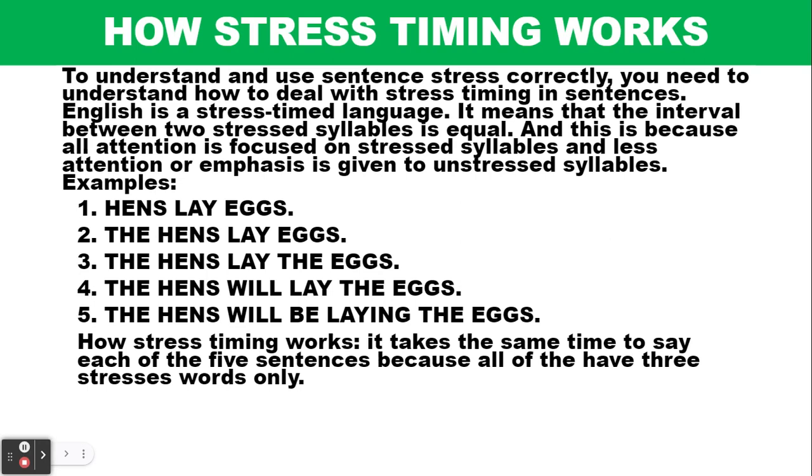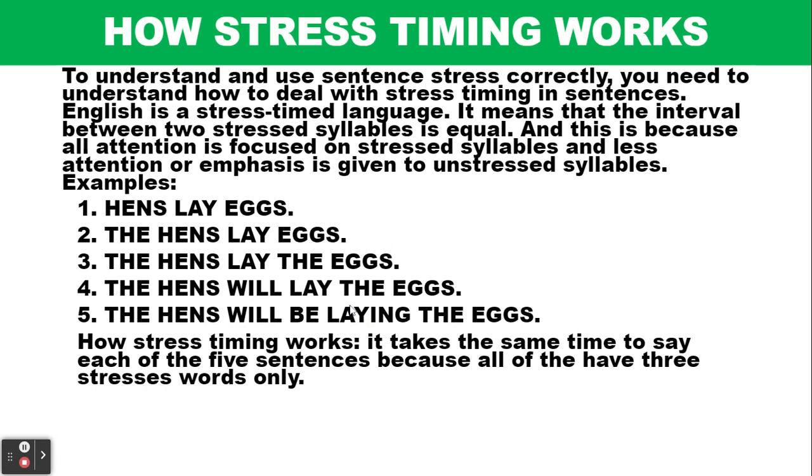So when we look at this, it means that the time required to say these 3 words, hens lay eggs, is exactly the same time it will take to say the number of words in sentence 5: 1, 2, 3, 4, 5, 6, 7.